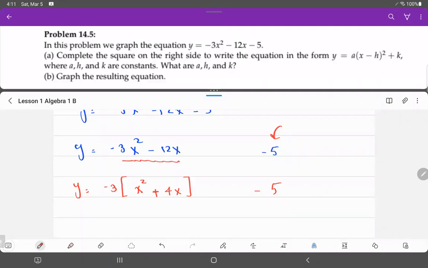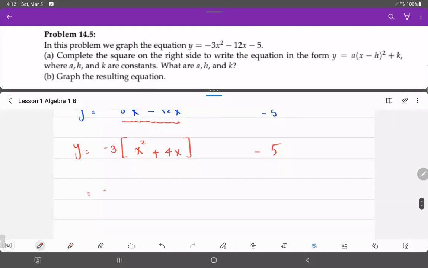Okay. Then we are going to complete the square here, actually.